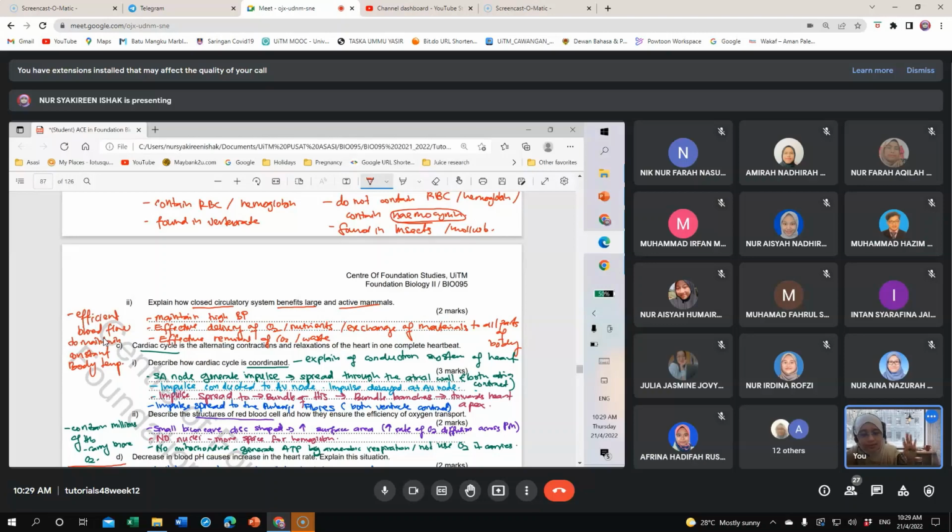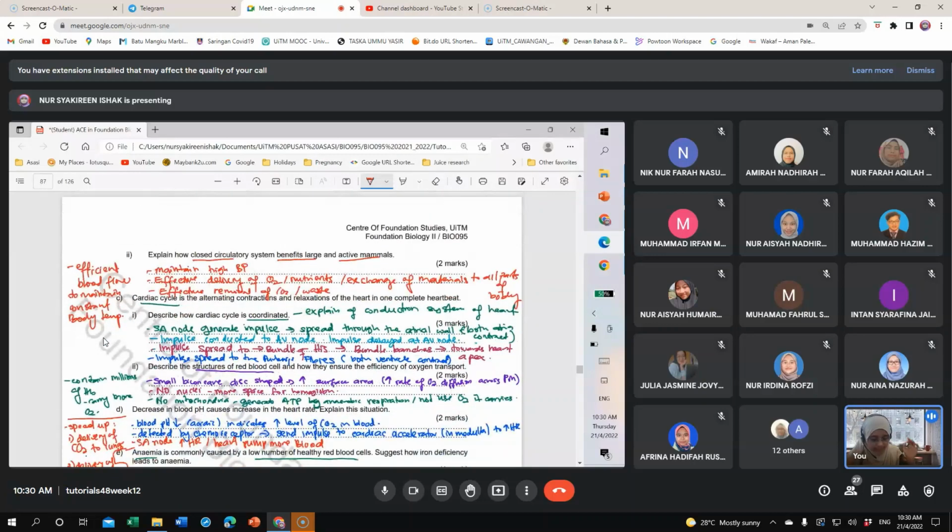Also, efficient flow to maintain constant body temperature. For mammals, we are endothermic, so we have to maintain a constant body temperature.